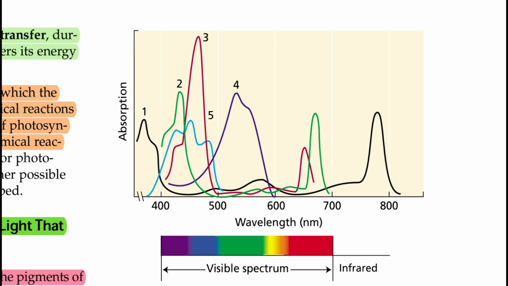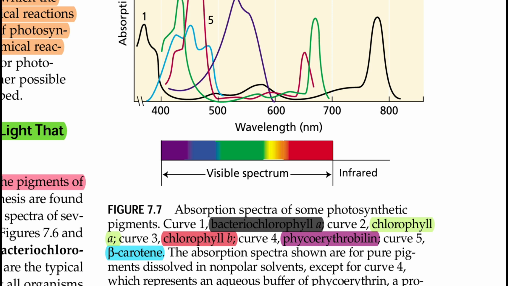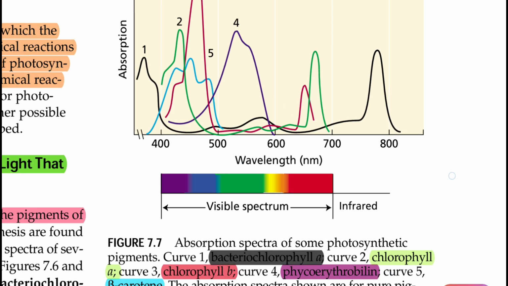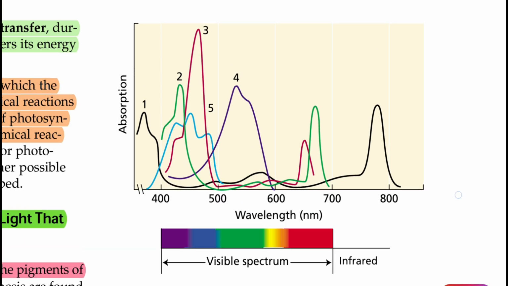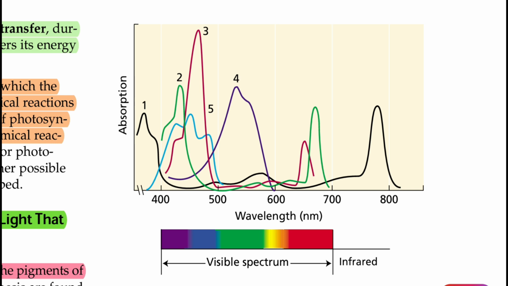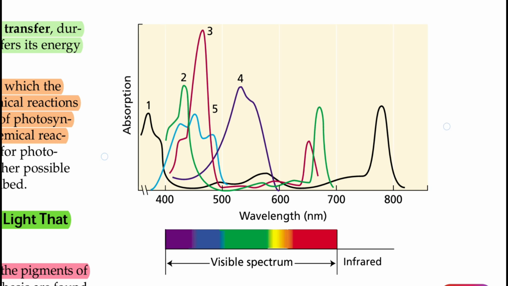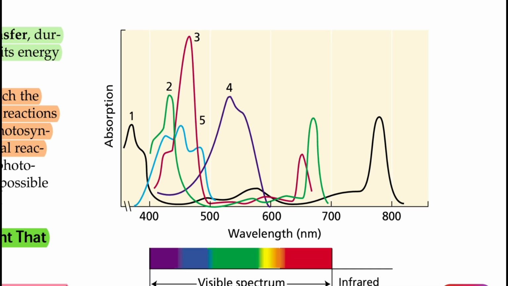The highest peak is of red color, which represents the chlorophyll B molecule, between 400 to 500. So this is almost the blue color region. Look here. In the blue color region, the chlorophyll B molecule absorbs the highest amount of light.